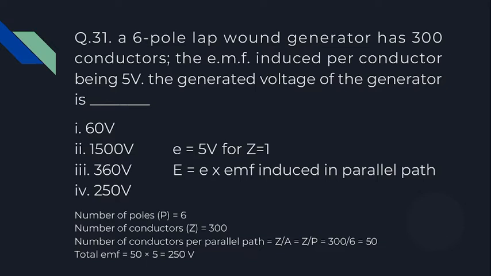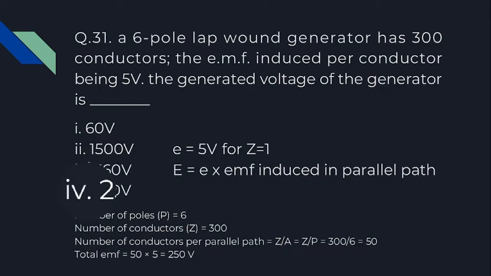So from each parallel path you will get the same voltage, right? So you need to find out the voltage per parallel path, and for that you need to know the number of conductors in that parallel path. Don't consider all the conductors overall. So based on that, you got an answer of 250 volt. Option 4 is the answer.